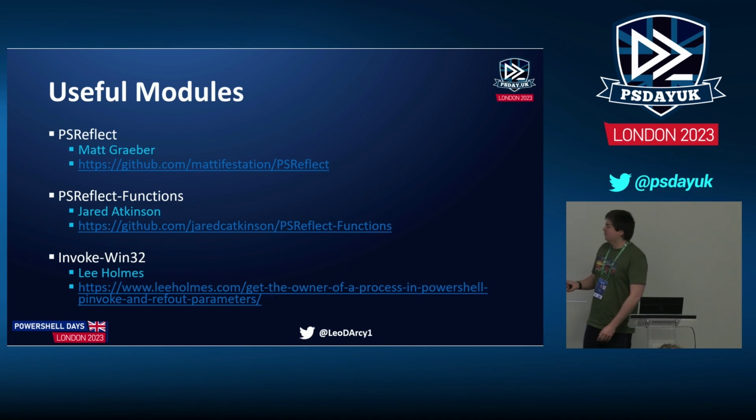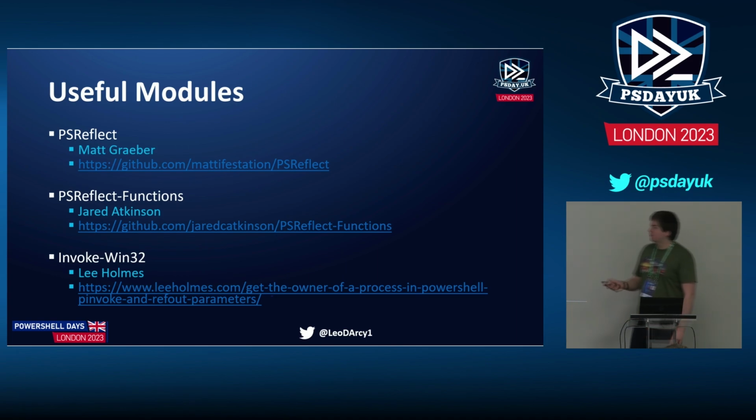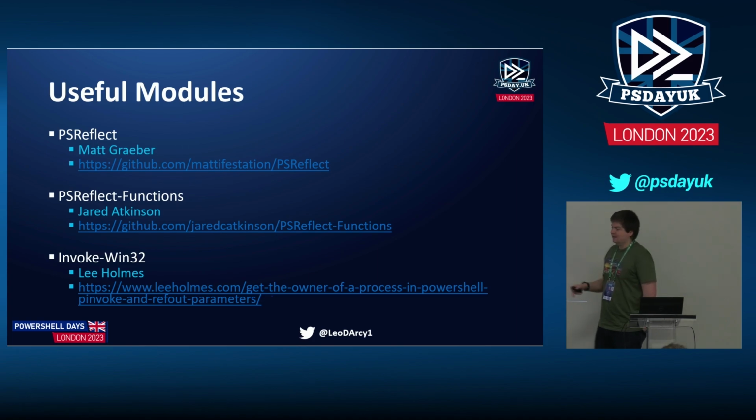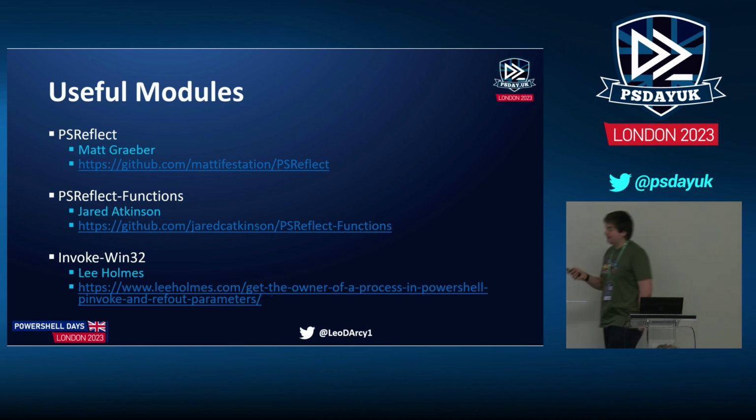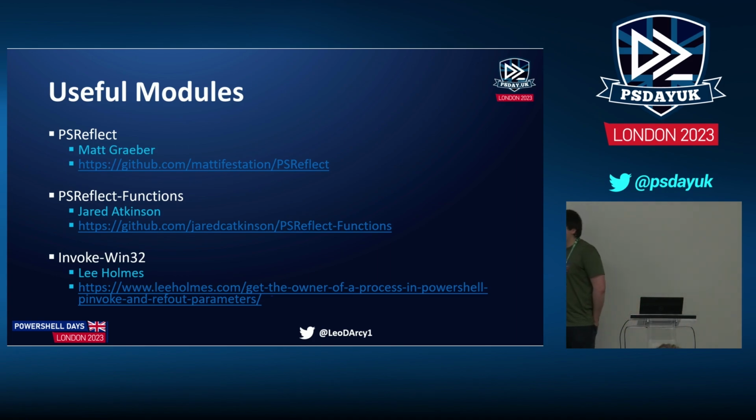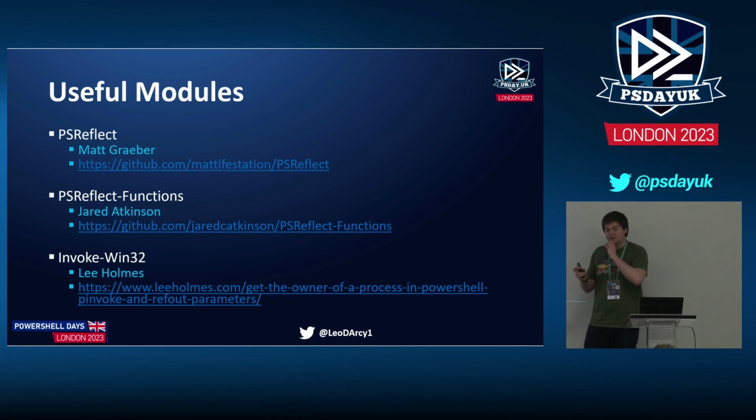And then Lee Holmes has a great Invoke Win32 script, which has a great way of accessing some of the APIs as well. When I tried to use both of these, I got the enum entry working on PS Reflect eventually. I couldn't get it working with Lee Holmes' approach because of the way that the RAS enum entries requires you to do that direct memory management yourself. I'm sure there are ways of doing it, but I took the path of least resistance when I got it working, to be honest.